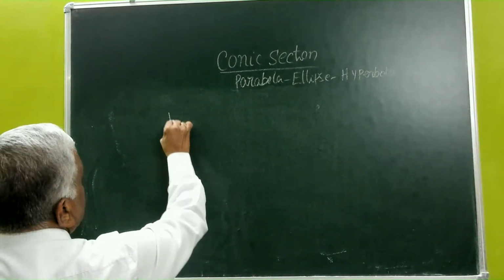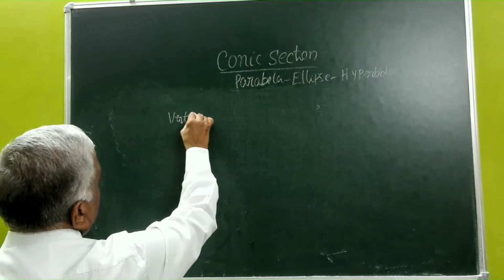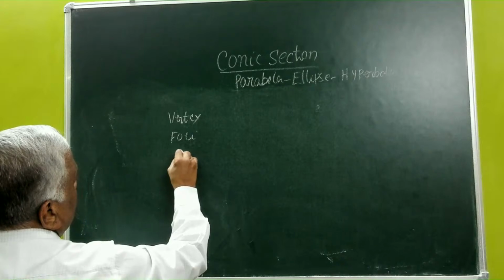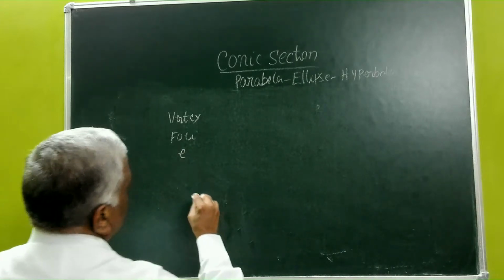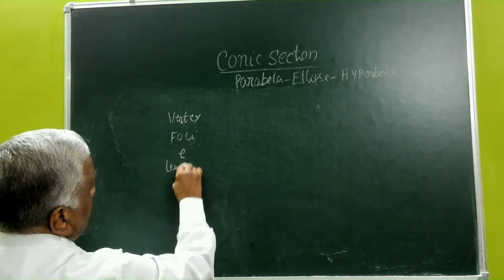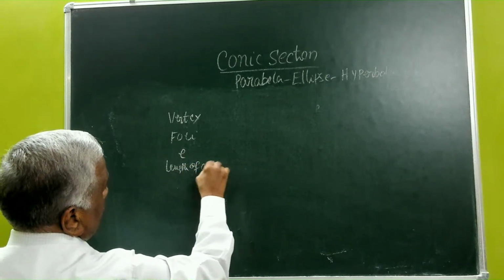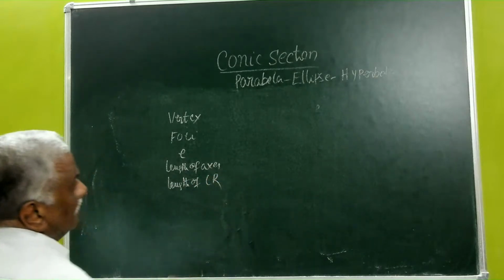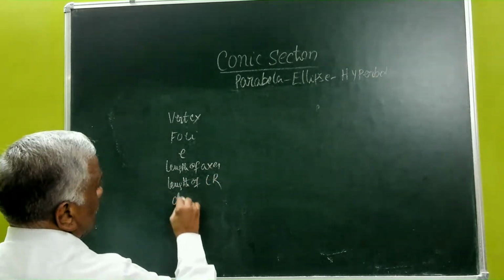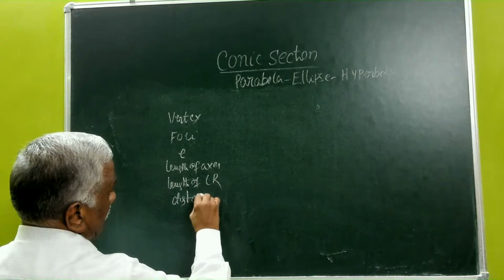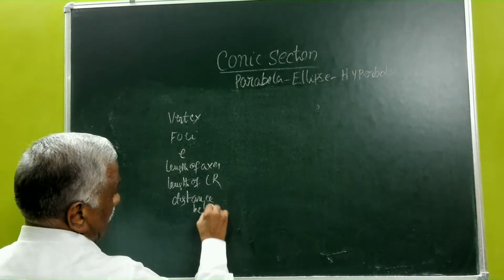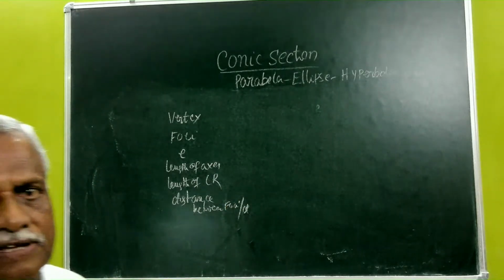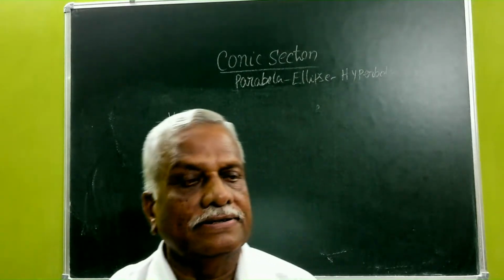Just remember this: you need to remember the vertex, foci, then E, then length of LR, length of axis, distance between foci, and directrix. The table that I have given you, if you can memorize that.